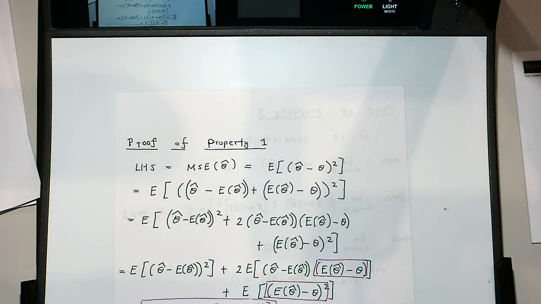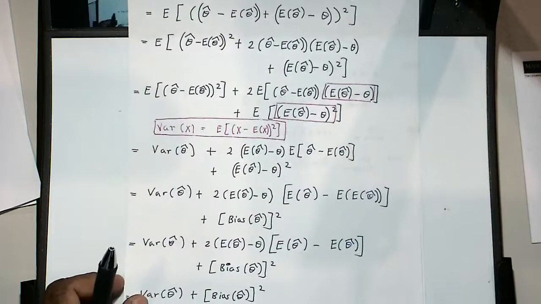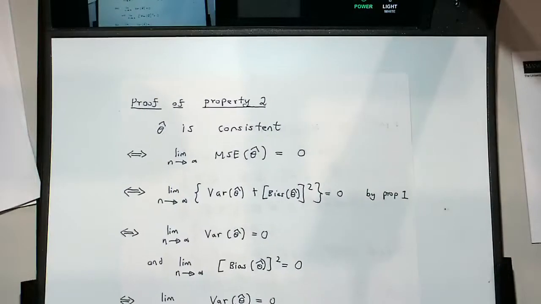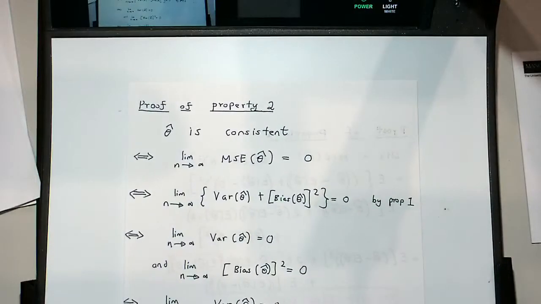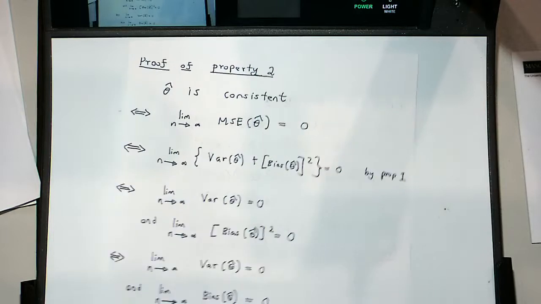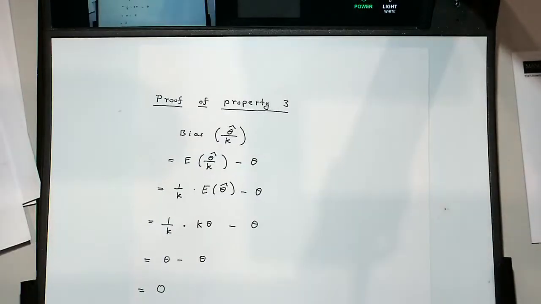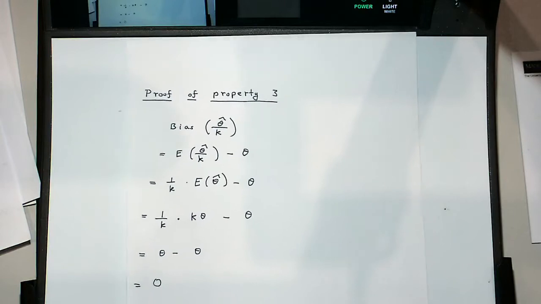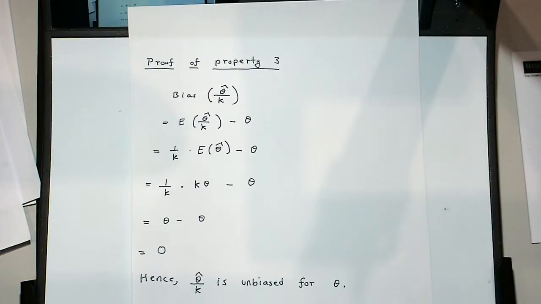This is the proof of the first property. I hope you did understand this. And this is the proof of property number 2, which I just gave you. I hope you did follow this. And this is the proof of property number 3, which I just mentioned. I hope you understood this, right?